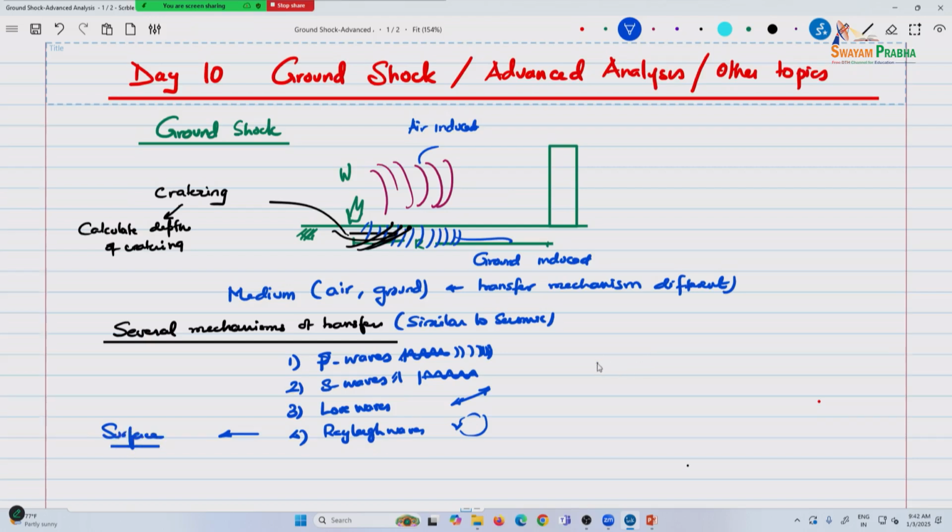Now, if this is your structure and these waves are hitting here, from the reflection here there is transmission of waves, any of these waves, and in the ground you apply them as a pressure.